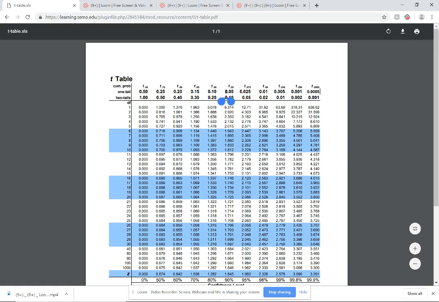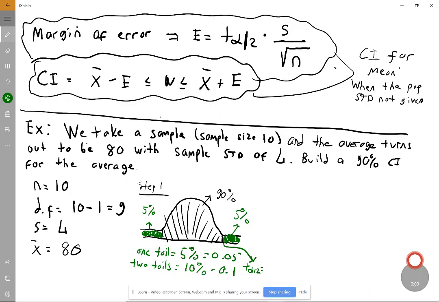There you go. If you look under this column here, you find the intersection point between your degrees of freedom and your confidence level, and that number is 1.83.